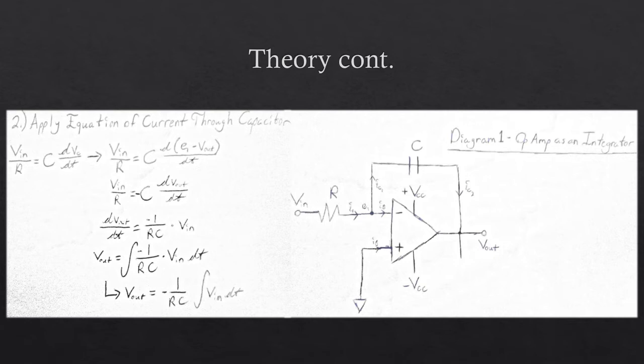If we integrate both sides, we can get rid of those differentials, which will give us V out is equal to the integral of negative 1 over RC times Vn dt. Because RC is a constant, negative 1 over RC is a constant, so we can pull that out, which will give us our final equation for V out.